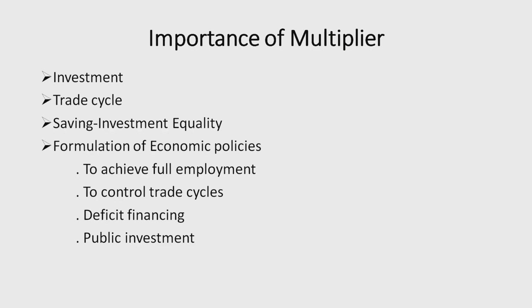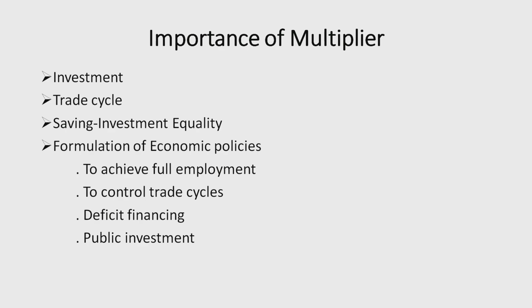So, next is trade cycle. As a corollary to the above, when there are fluctuations in income and employment due to variations in the rate of investment, the multiplier process throws a spotlight on the different phases of the trade cycle.